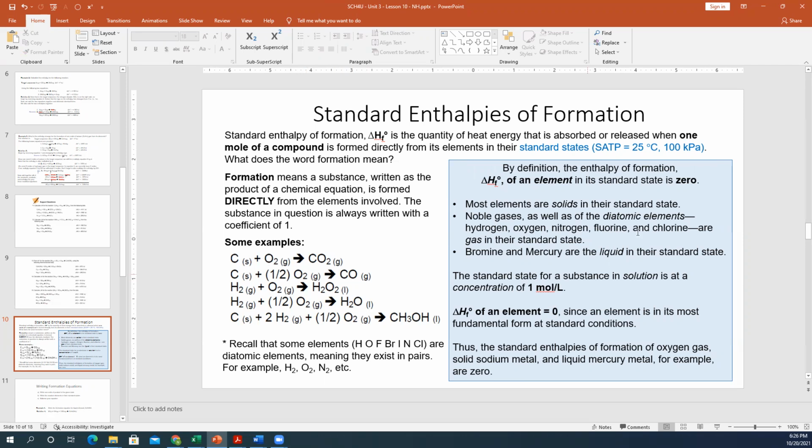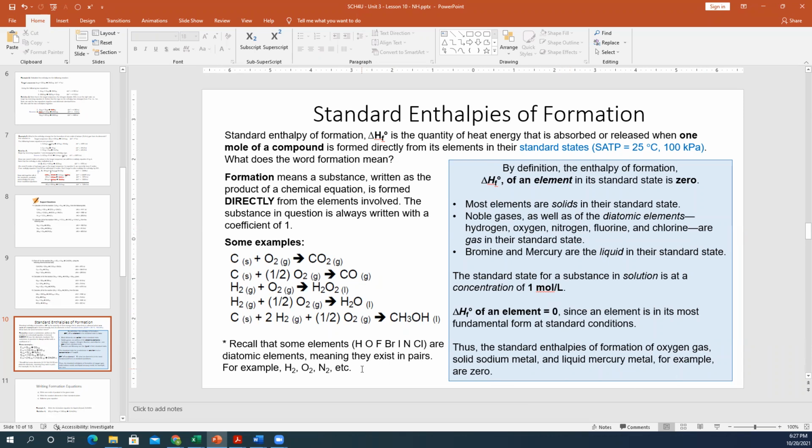And keep in mind that by definition, the delta H formation of an element in its standard state is 0. So the delta H formation of an element is 0. By element, we mean carbon. So if we were asking for a delta H formation of carbon, well, that's 0.